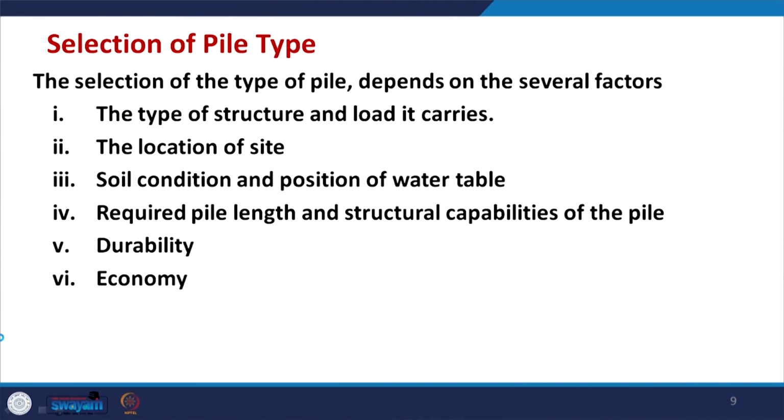Soil condition and position of the water table is also one of the factors. Then required pile length and structural capability of the piles. Then durability of the pile, that is, what life of the pile is required. Then finally economy also governs. For example, steel piles are expected to be expensive, and mostly steel piles are used only when concrete piles are not enough. So, this is how we can select the type of pile.